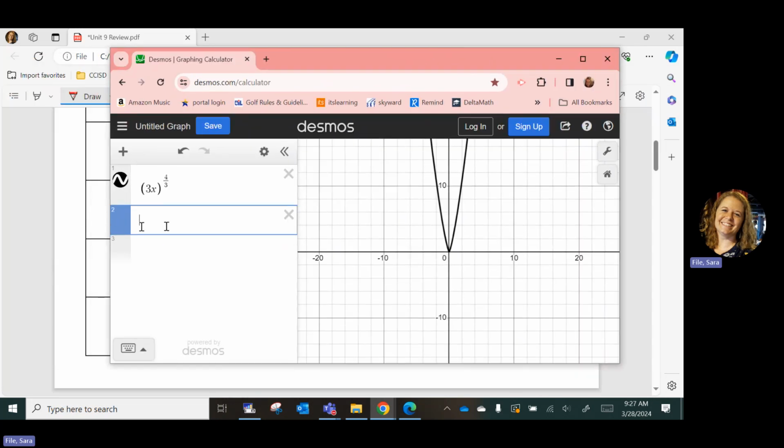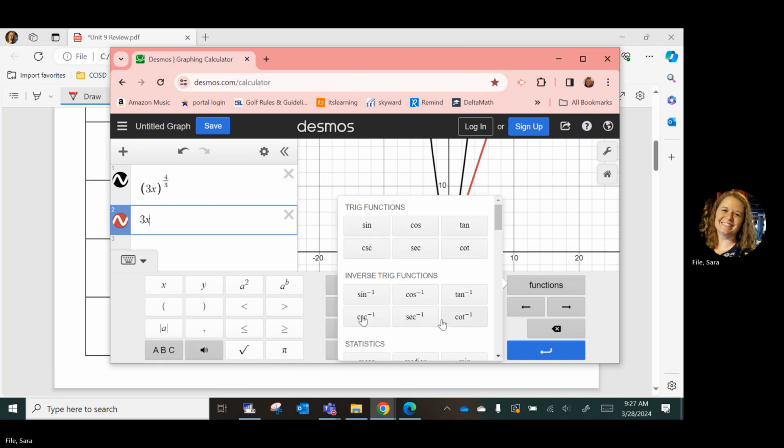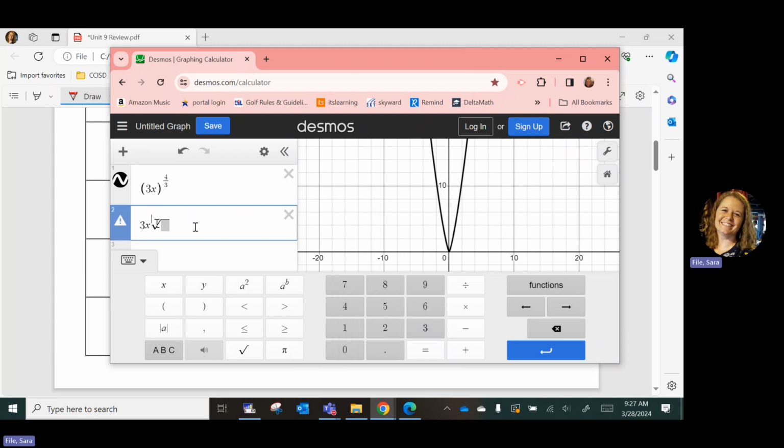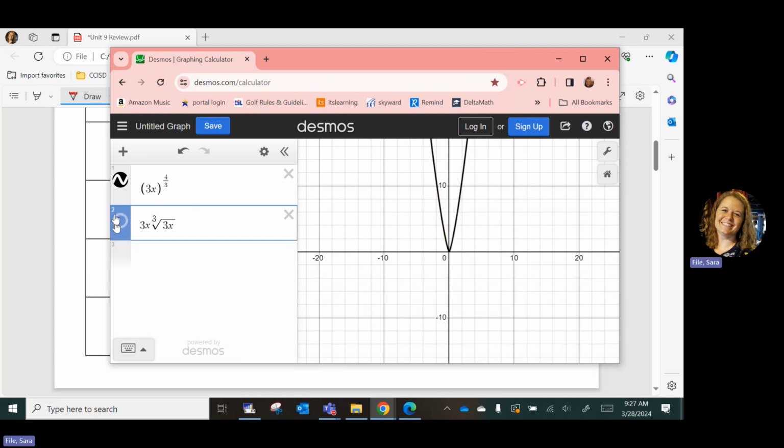So let's see if that works. 3x, then the cube root of 3x. Hey, looky there. See when you turn that on and off? That's the exact same graph.